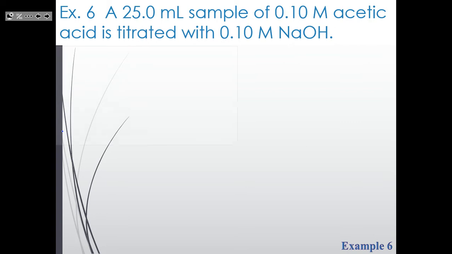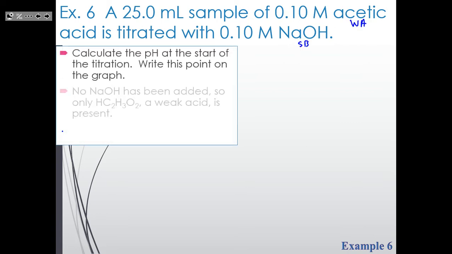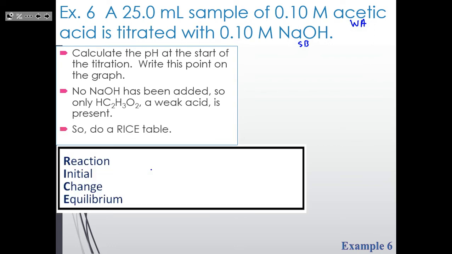So what do we know about this problem? Well, we know that we're going to have to exclude sodium hydroxide for this first point. So the first point can be taken using a Rice table because acetic acid is a weak acid. Remember that in a Rice table, we use concentrations. We're going to use a Ka expression because the weak acid is dissociating.